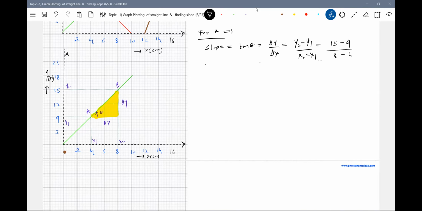X2 is 8. This is 4. So 15 minus 9, sorry, 6 it will be. 8 minus 4 is 4. So slope is how much? 3 by 2, or 1.5. I'm not asking for theta. Theta, if you want, you can calculate and work out. Sir, can you show theta? Tan inverse of 1.5, we have to do it. We have to just show the tan inverse of 1.5.